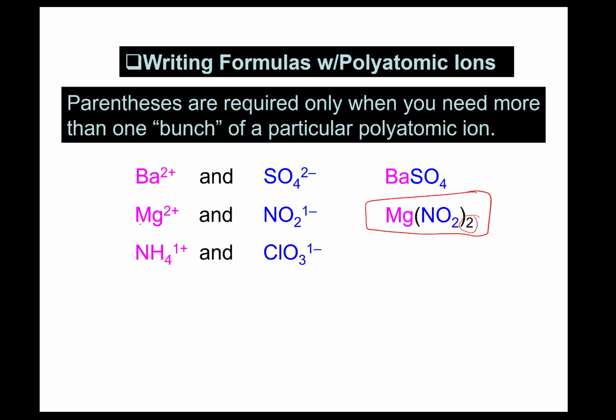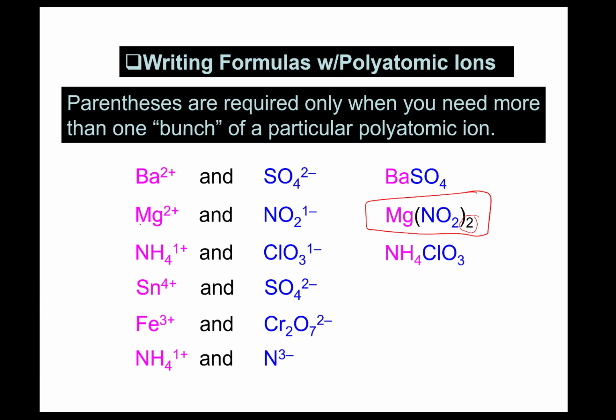NH4+, ClO3-. We need 1 NH4 for every 1 ClO3, so there's no parentheses, and the formula is written like that. Sn4+ and SO4 2-. So we're going to need 2 SO4 groups for every tin ion. So we have to have parentheses. Again, these are parentheses, not brackets. The next one, we're going to need parentheses again.